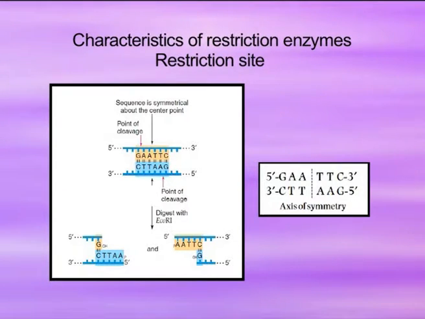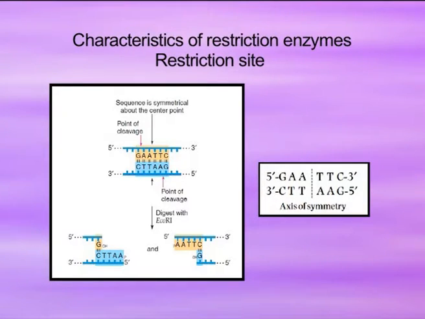The first feature is that most restriction enzymes have restriction sites which are palindromic in nature. What is a palindromic sequence? The DNA is double-stranded. The sequence read from 5' end to 3' end on one strand is similar to the sequence read from 5' end to 3' end on the complementary strand.